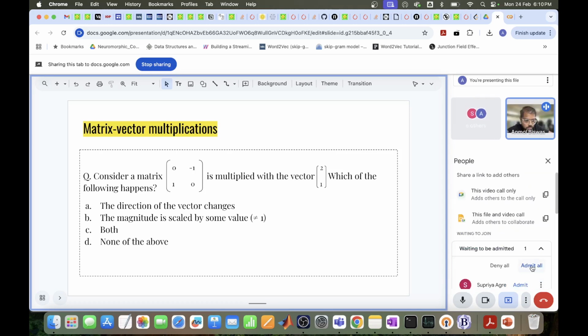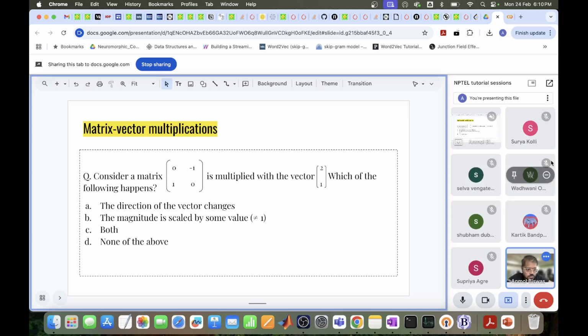So what happens when a matrix basically hits a vector is that you do the matrix vector product, and there's a specialty to this operation, which is that a matrix vector product is a linear operation, right? So in general, it is doing two things.